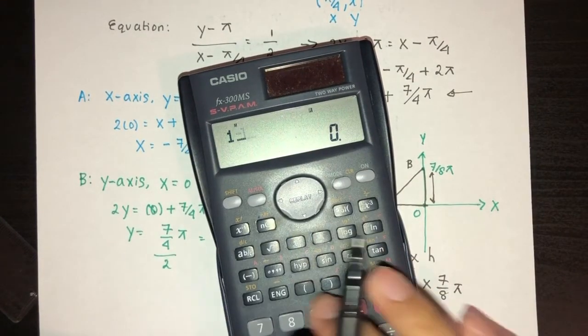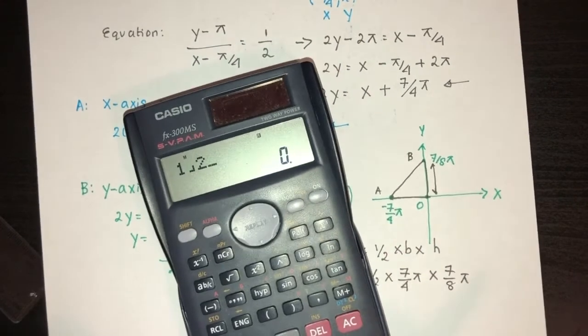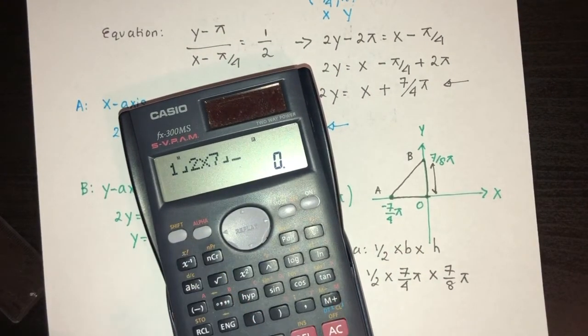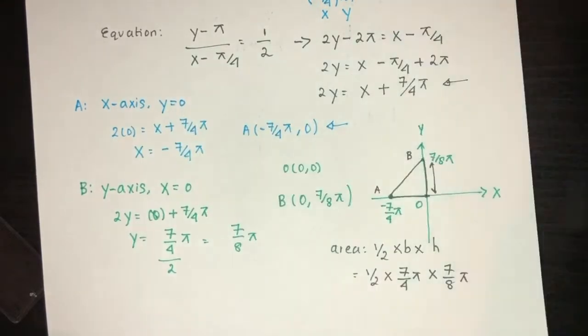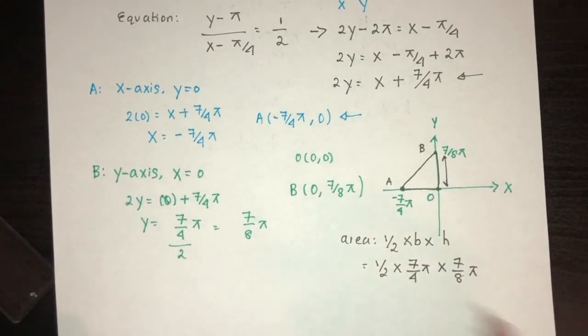So half times 7 over 4. I think we should express in terms of pi, right? We can also find the decimal afterwards. So 1 times 7 times 7 is 49 pi square, over 2 times 4 is 8, times 8 will be 64. So that will be your answer in terms of fraction and pi.